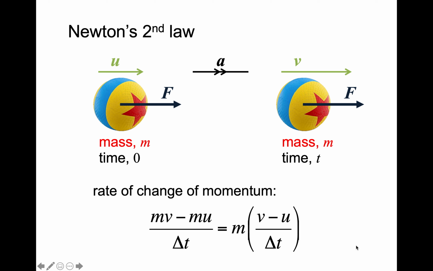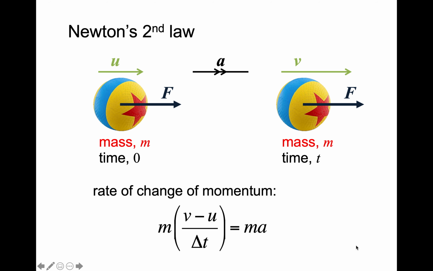In fact, under many situations, although not all situations, we can assume the mass to be constant. So if we can pull the mass out of the brackets, we're just left with v minus u divided by delta t, which is the change in velocity divided by time, and change in velocity divided by time is acceleration.